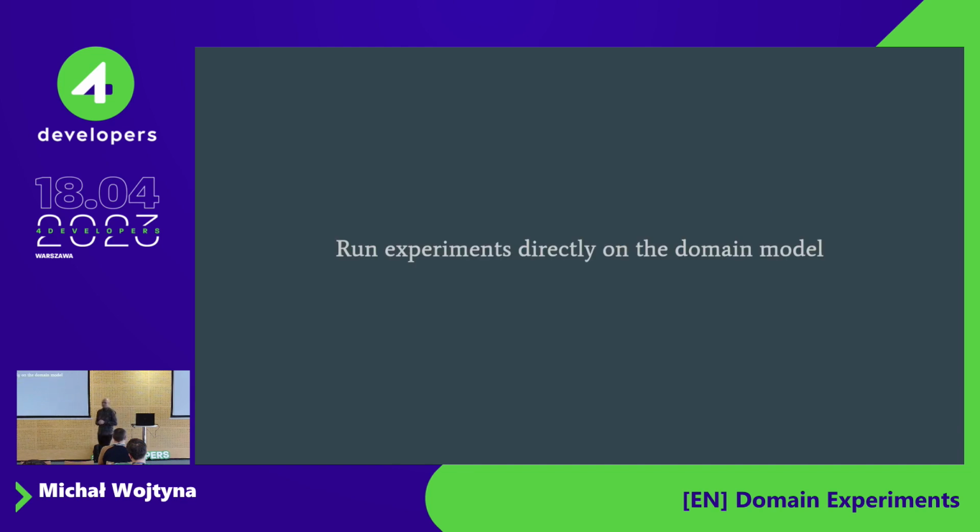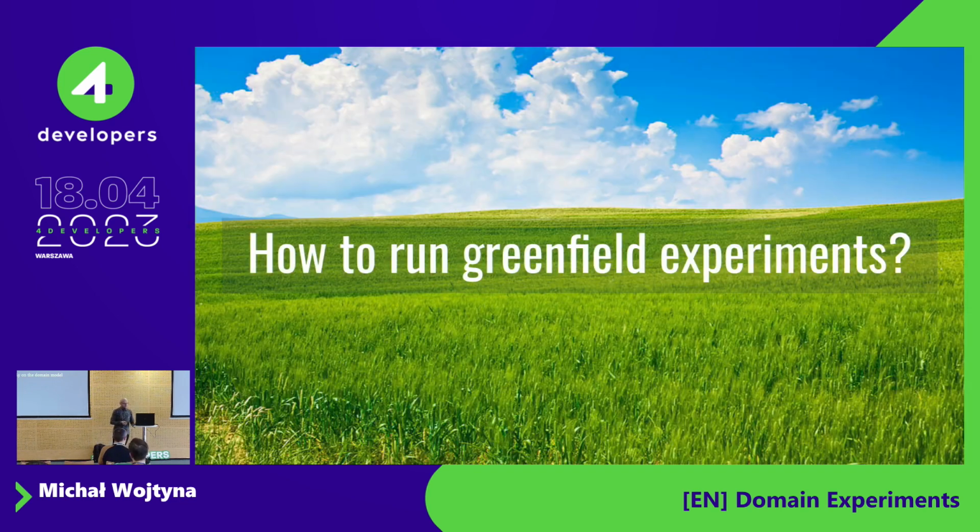So what I propose is to run experiments directly on the domain code, on the domain model of what we are building. Okay, so maybe I'll tell you how you can run experiments in greenfield projects. Later on, after the presentation, we can talk about how you can run it in legacy projects if you want to. But let's focus on this, okay?